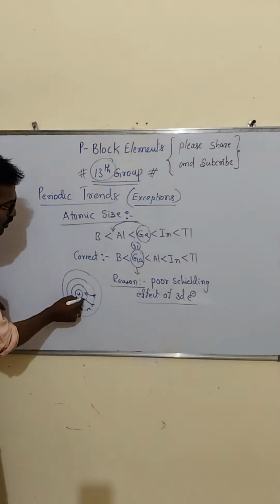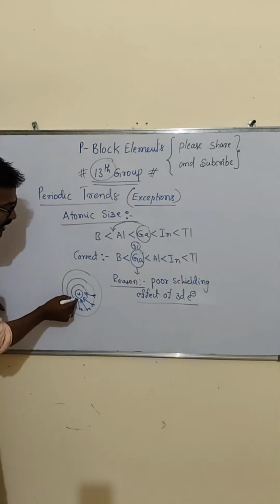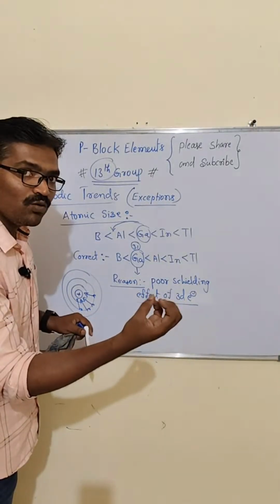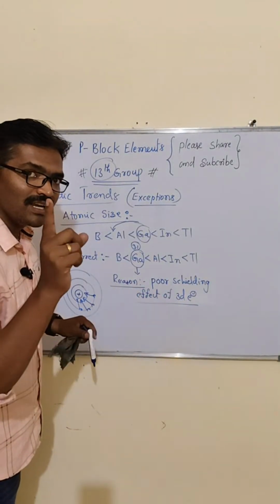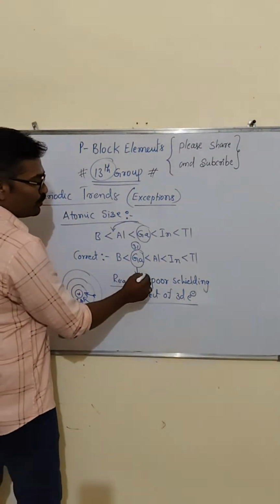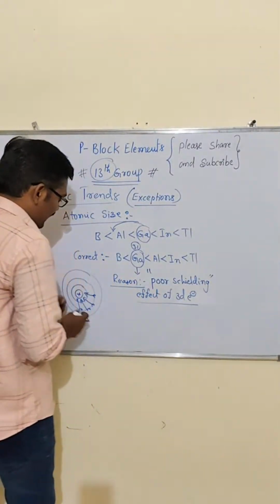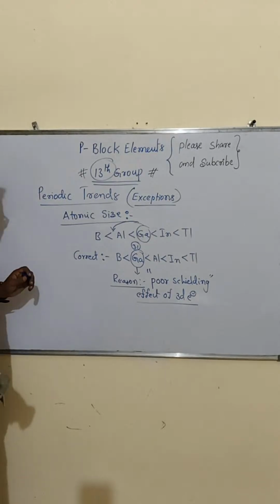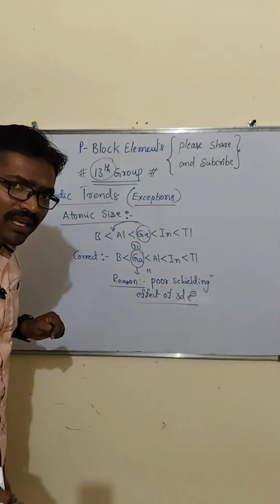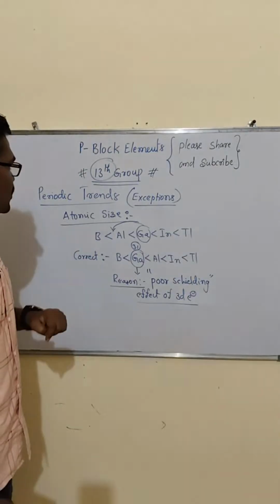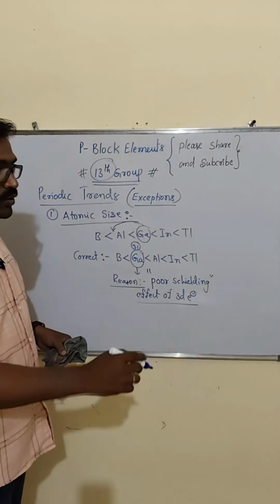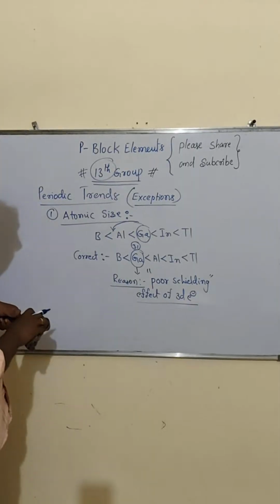Once they are attracted more towards the nucleus, the atom shrinks, so the size decreases. Clear, my dear students? So because of the poor screening effect, gallium's atomic size is like this. Okay, understand? This is the first exception. Next you have to note it.